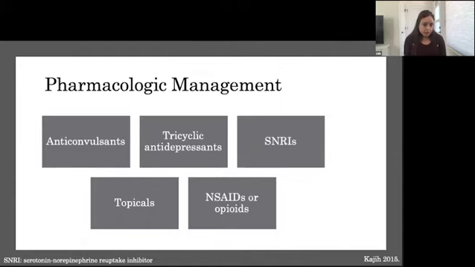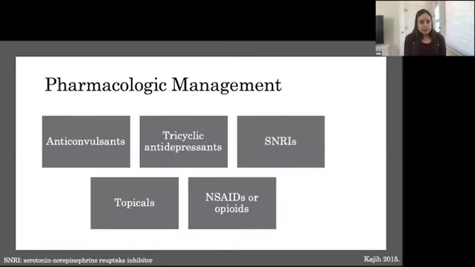Tricyclic antidepressants, or TCAs, are sometimes utilized, things like amitriptyline, just less so probably because of the side effect profile. Sometimes topical agents can be used, particularly in combination with other systemic therapies.